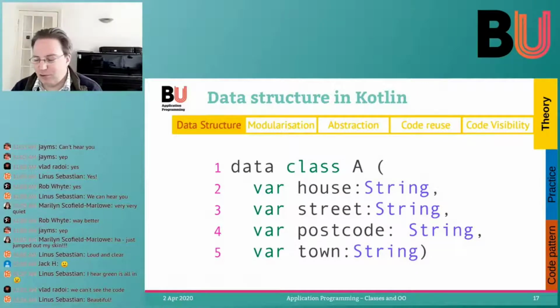Kotlin is a typed language for the JVM, an alternative to Java, so to speak. Such a data class basically holds all these values or variables: house, street, postcode, town, as strings. So you have to define the type when you define members of a class in Kotlin.